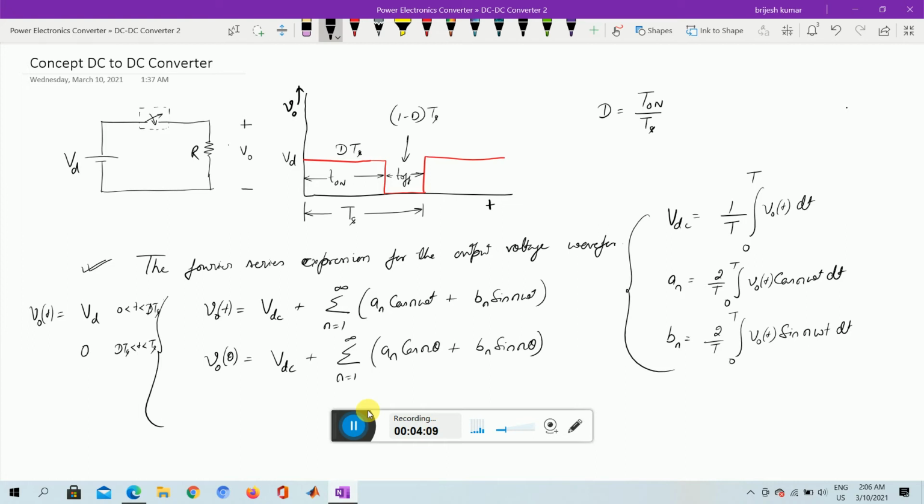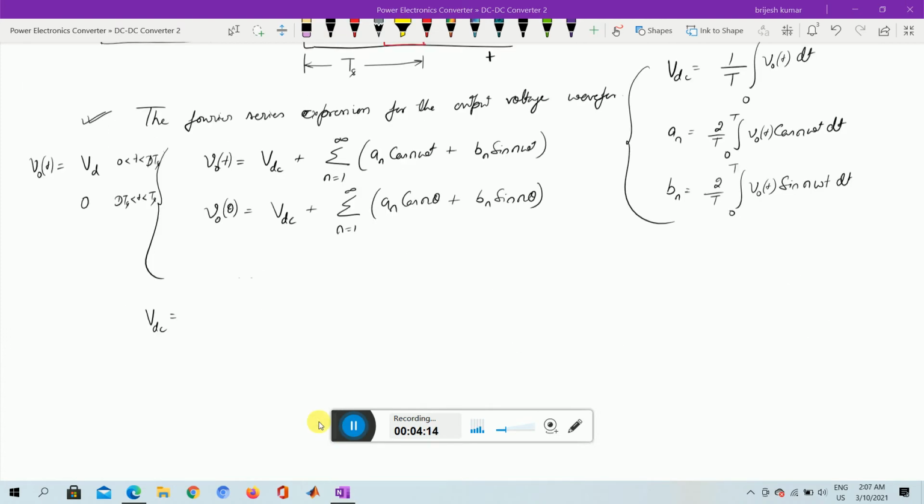So V0(t) is very simple. Let us evaluate. We can write VDC is equal to 1 by TS, where TS is the total time, integration from 0 to D times TS, because the rest of the time it is 0, of V0(t) dt.